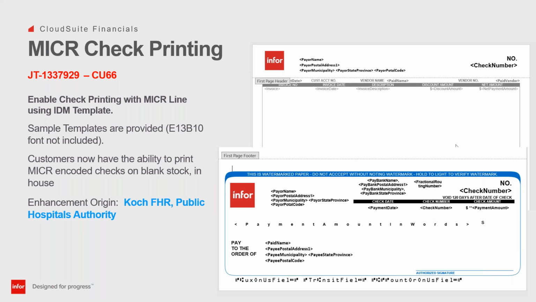So the first thing I want to point out is that this came out last year. If you're not familiar with the vocabulary of FSM or version 11, it's August now, and we're releasing CU82. This came out in CU66.